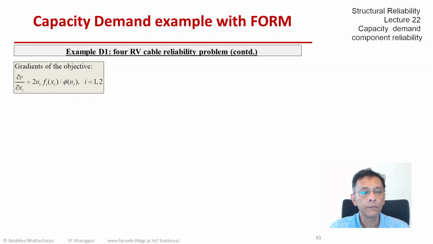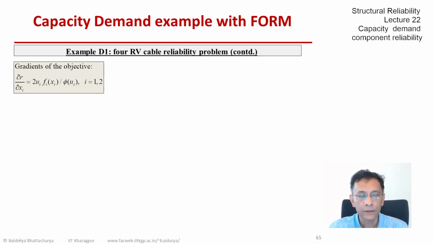There we employ the full distribution transformation relation between u1 and x1. So capital Phi of u1 is equal to capital F of x1. The partial derivative of that with respect to x1 gives small phi of u1 times partial u1 partial x1, and on the right-hand side it is the PDF of x1.